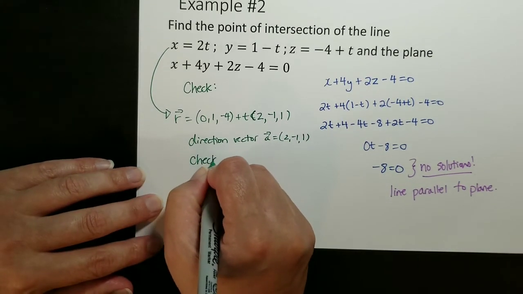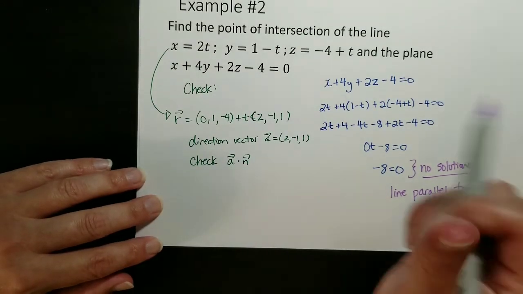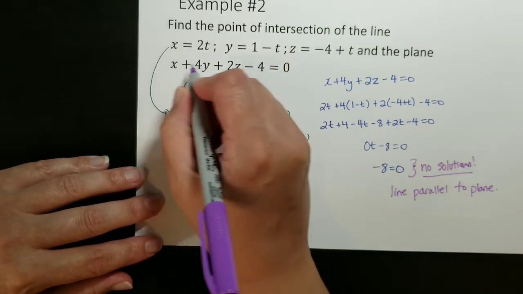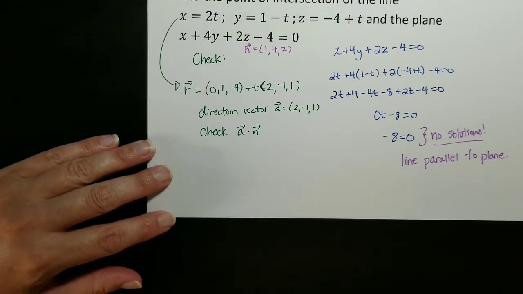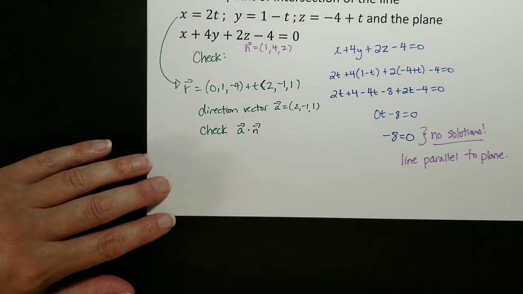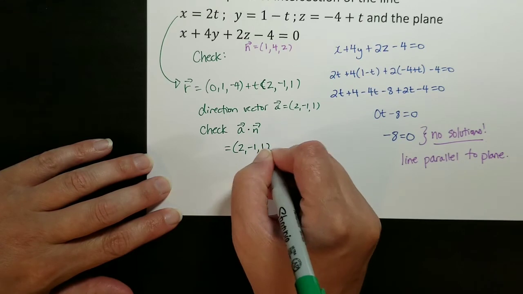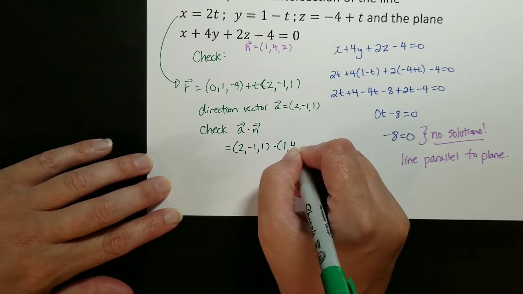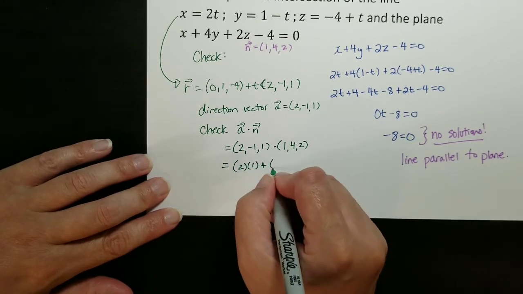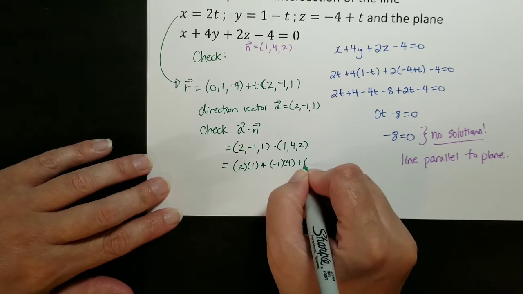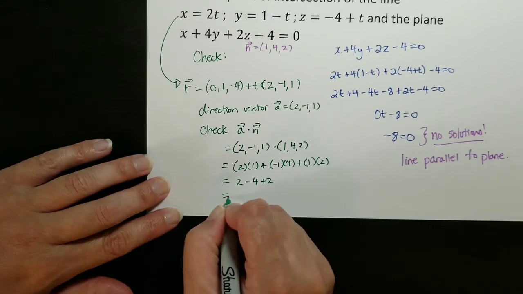And we would check A dot N, knowing here that the normal vector to the plane is 1, 4, 2. So A dot N is 2, negative 1, 1 dot 1, 4, 2. So 2 times 1 plus negative 1 times 4 plus 1 times 2. 2 minus 4 plus 2 is 0.